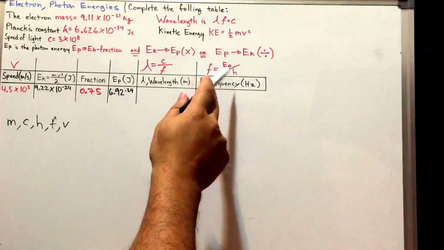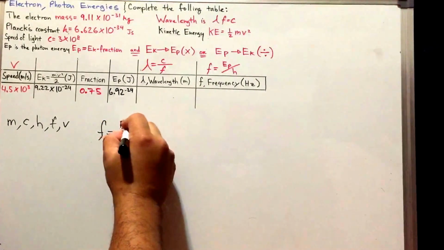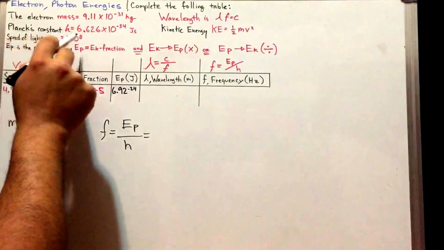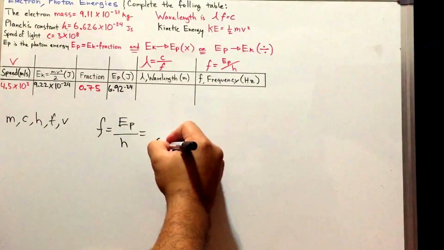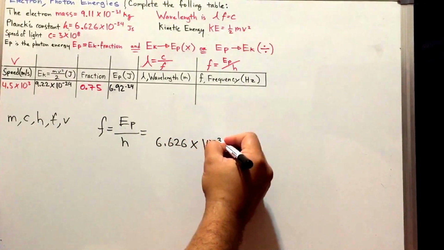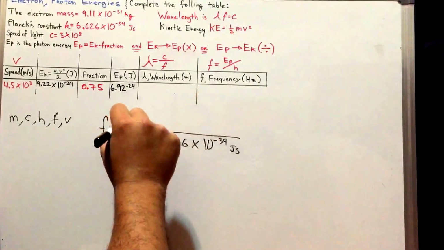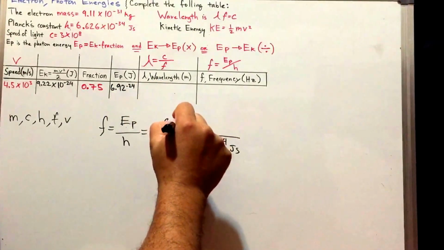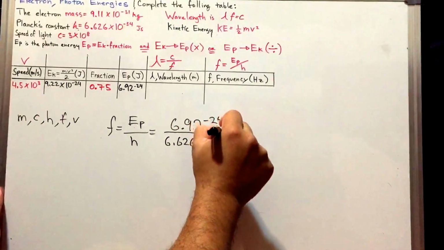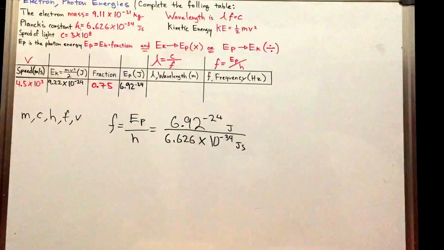Again, I'm going to use this formula here. H is 6.626 times 10 to the negative 34, and the EP is right here, 6.92 times 10 to the negative 24 joules. And this should equal our frequency.